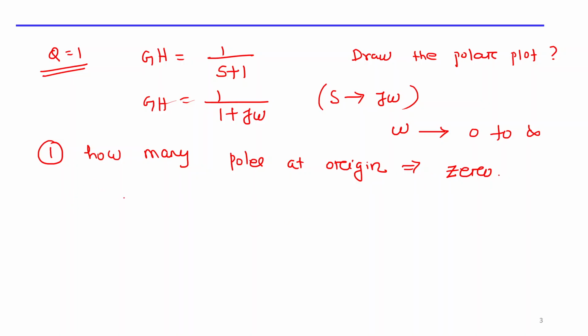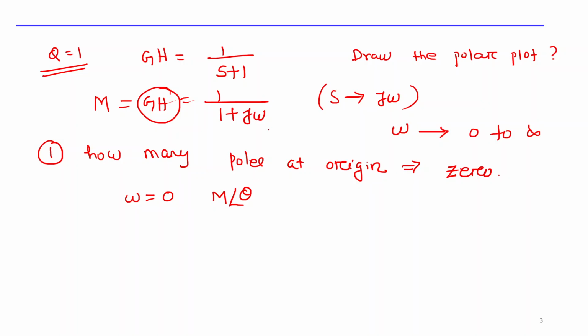Now put omega equal to 0 in this transfer function G of j omega. I am finding the magnitude of this, which I denote as M, and the angle I denote as theta. So at omega equal to 0, what is the magnitude and what is the phase of the transfer function?